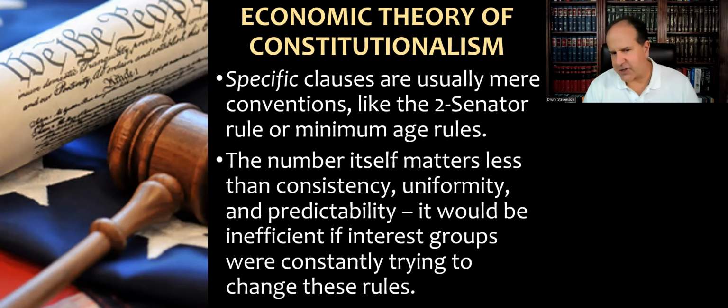And it would be inefficient if interest groups were constantly trying to change these rules. So if you imagine a special interest group, some sort of radical group, that really wants to reshape society in their image, they're less likely to focus on getting more senators than they are on trying to convince courts to reinterpret one of the provisions of the Bill of Rights more broadly or narrowly to fit with their agenda.